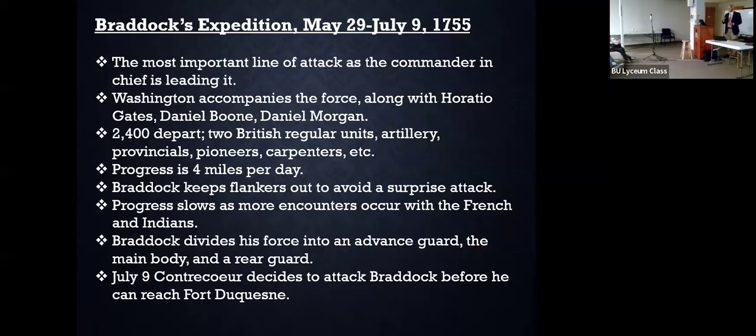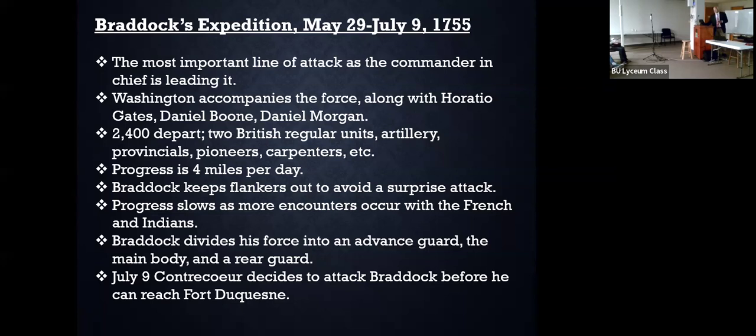So what do I do? Maybe if I catch him unawares, before he can establish a siege, I can defeat him, even though my numbers are smaller. Okay, because the French just aren't putting the resources in as far as this goes.